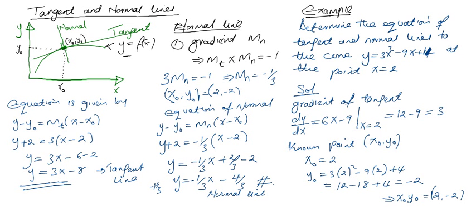So I want to squeeze in a question here for you. I want you to get the equation of the tangent and the normal to the curve which is given down here, plus 2xy.